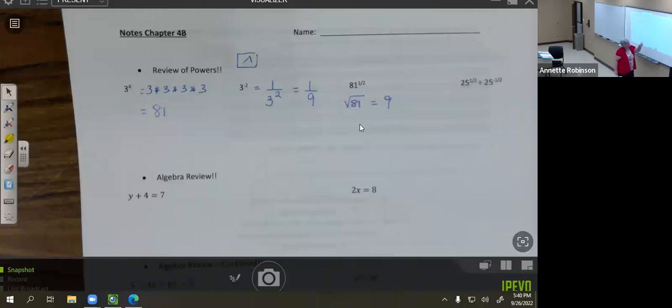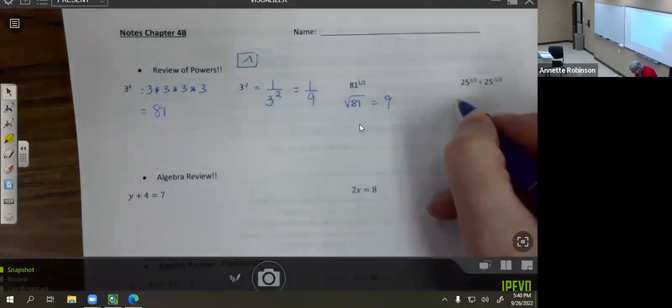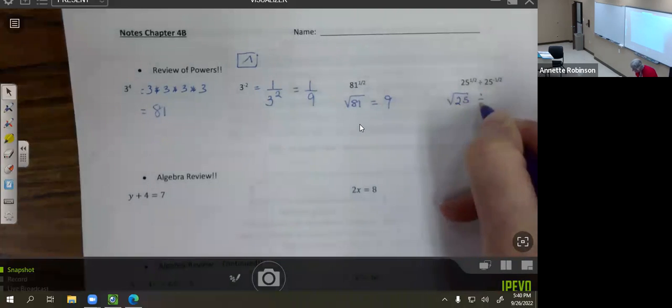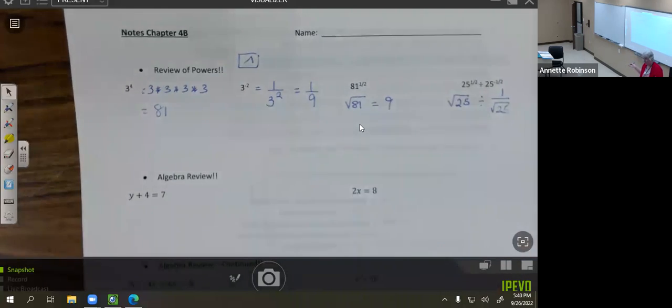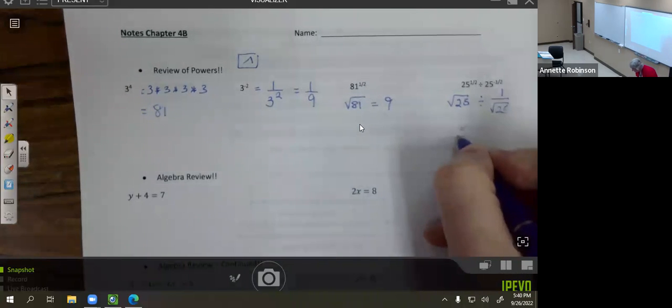And then the next one, of course, in longhand, is asking you for the square root of 25 divided by... because that's a -1 over the square root of 25, that makes the 1/2 positive. Well, the square root of 25 is 5.